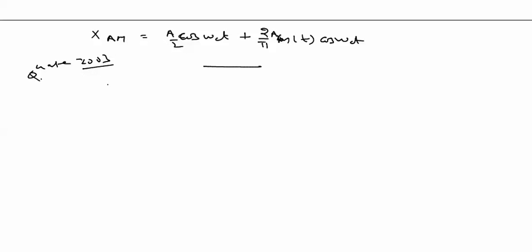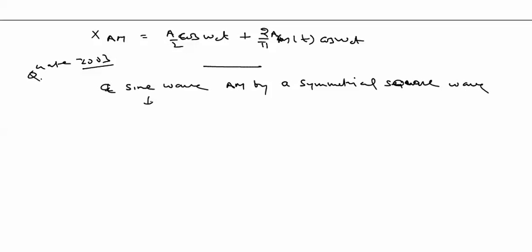A sinusoidal carrier, sine wave carrier, is amplitude modulated by a symmetrical square wave, which means the carrier is sinusoidal and the symmetrical square wave is the message signal, whose period is 100 microsecond.